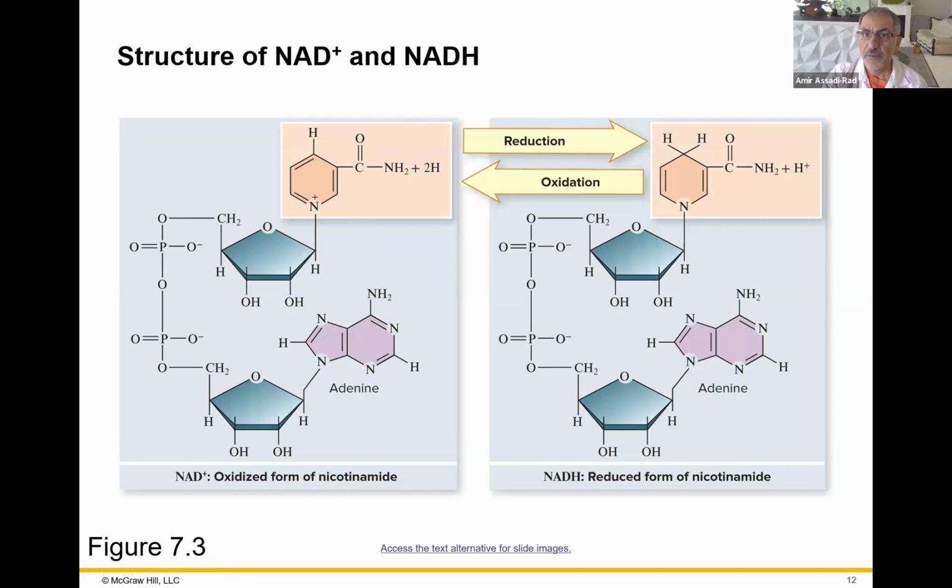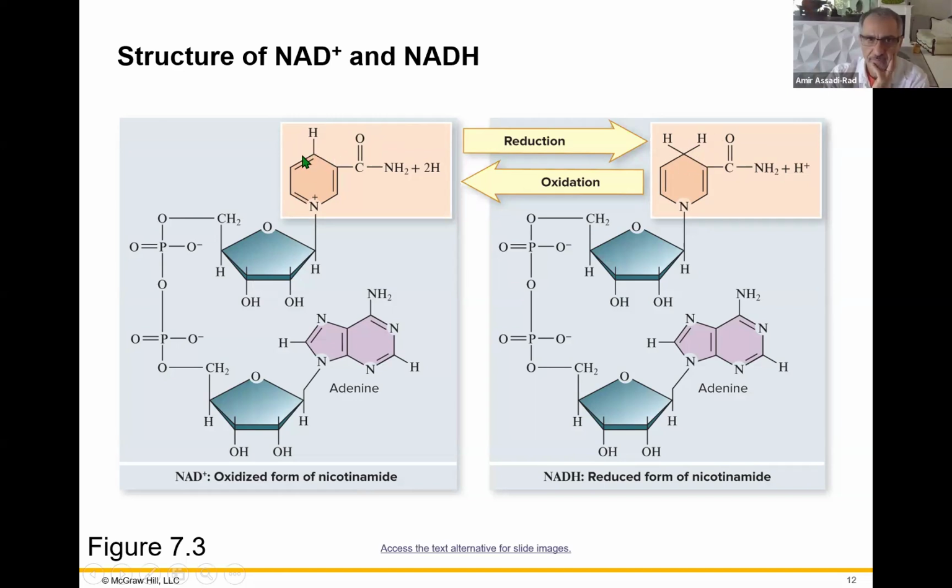All right. Now, when it accepts one more hydrogen, this becomes a double bond right here, and then this bond becomes single. Remember, this is carbon, and here is carbon, and carbon must have 4 covalent bonds. 1, 2, 3, 4.